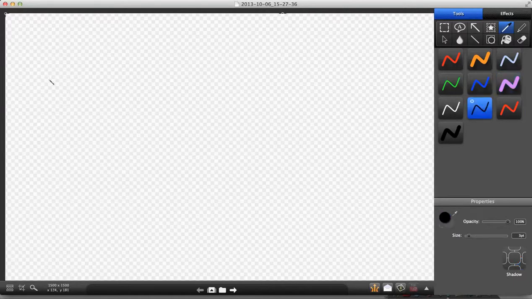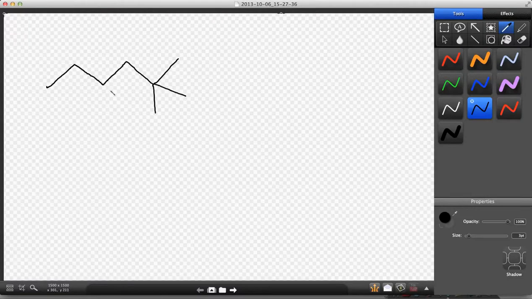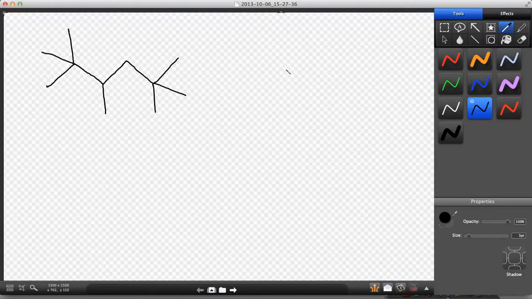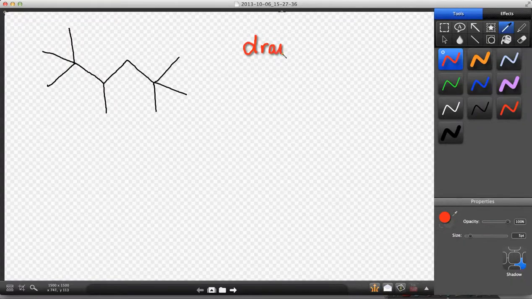Let's go ahead and draw that molecule. Not going to show any stereochemistry. There's the molecule. You need to draw all rotamers in the Newman projection.